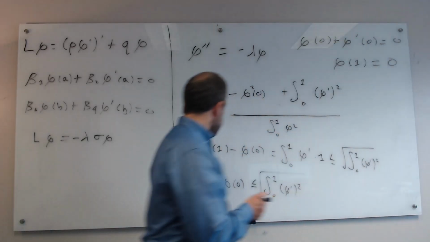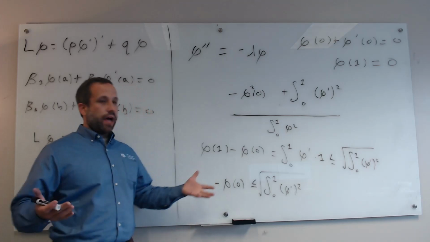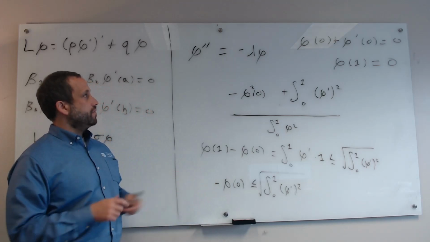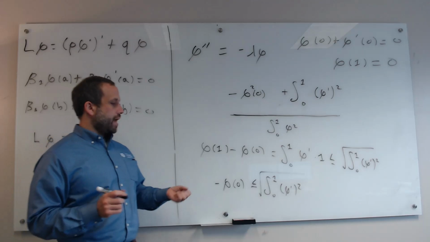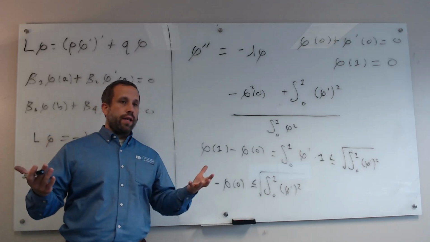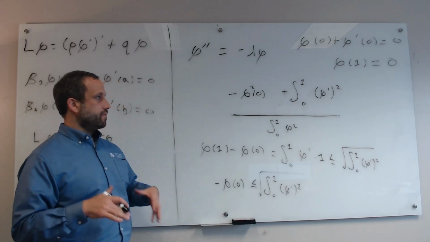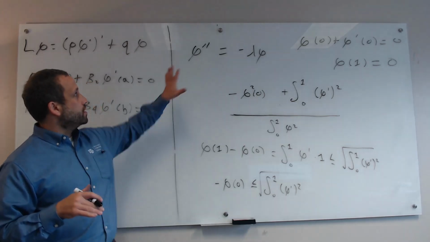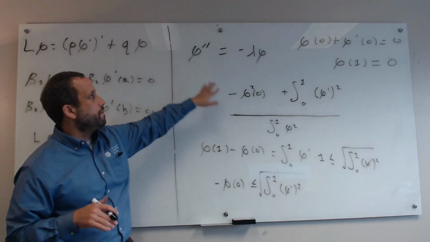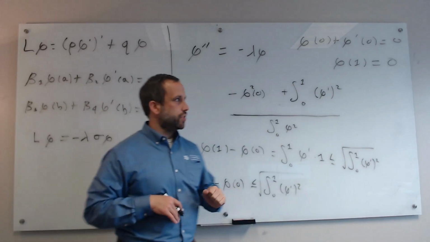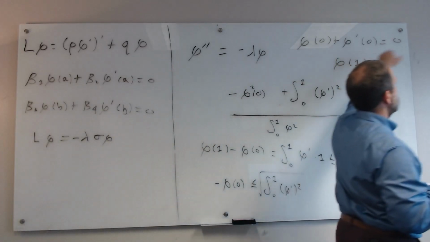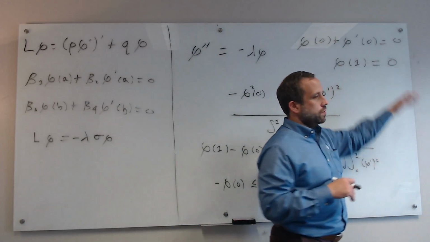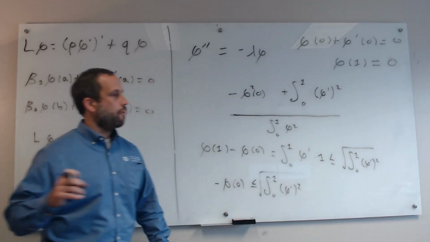Because if phi of 0 is positive, I can multiply it by minus 1, and I get a negative function. And that's still going to satisfy the ODE, and it's going to satisfy the two boundary conditions. If I multiply this by minus 1, it's going to be equal to 0. If I multiply this by minus 1, it's going to be equal to 0.